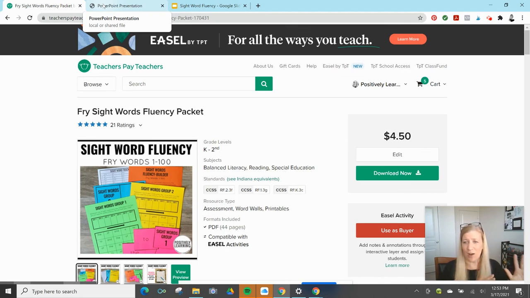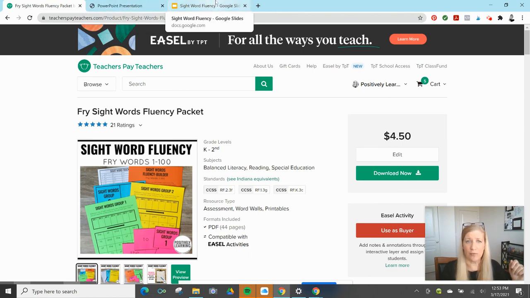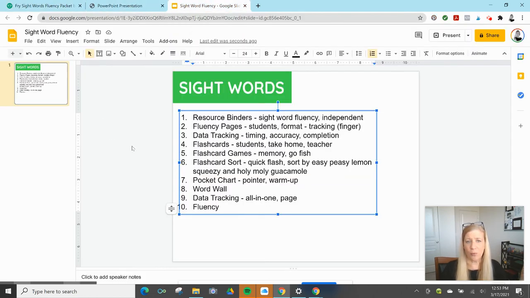You can use them whichever way is appropriate for your students. If you're working with younger students who are new to sight words, it might be more the instructional. If you're working with second graders who have seen these words before and they just need to keep them fluent, then you'd be working at more of an independent level. So these could just turn into fluency exercises.